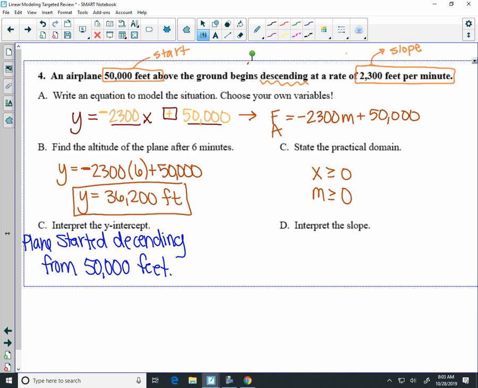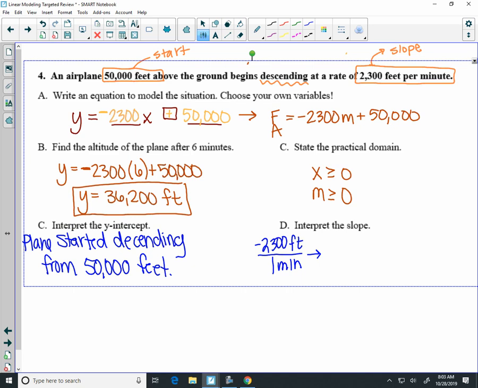And interpret our slope. So we have it up there in words, but if we had it in that ratio, here's how we would go from that ratio. First, we would take that negative 2,300 over 1 and put those units around it.